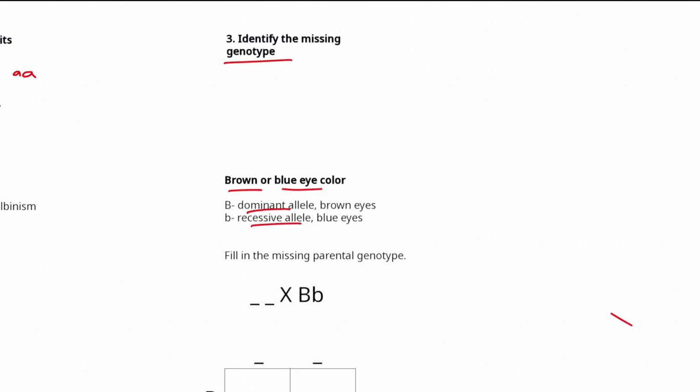Now we're going to fill in the missing parental genotype. We know that the father's genotype is heterozygous, which is one dominant and then one recessive.